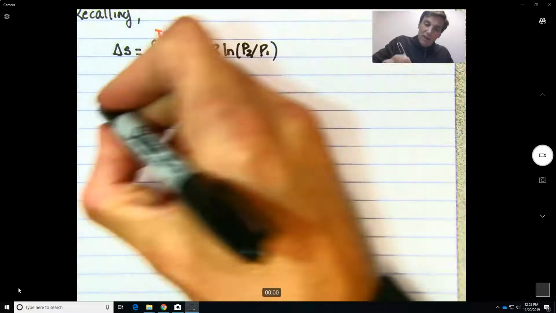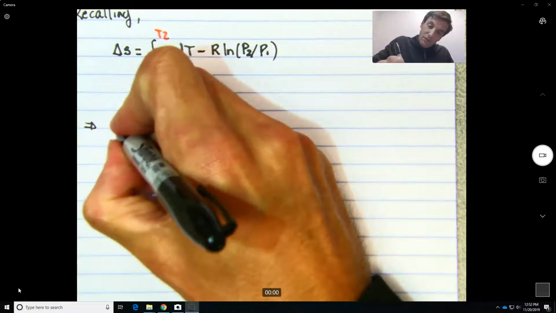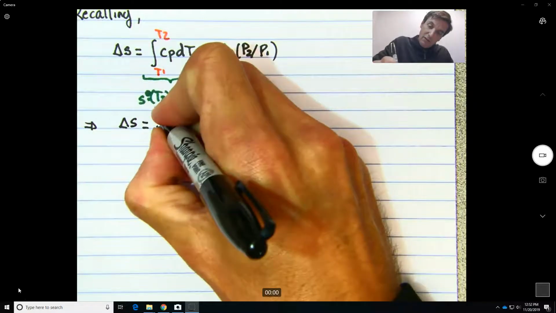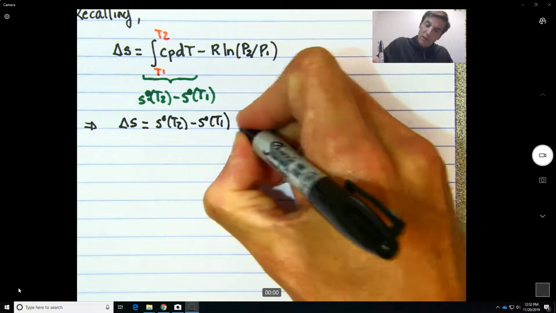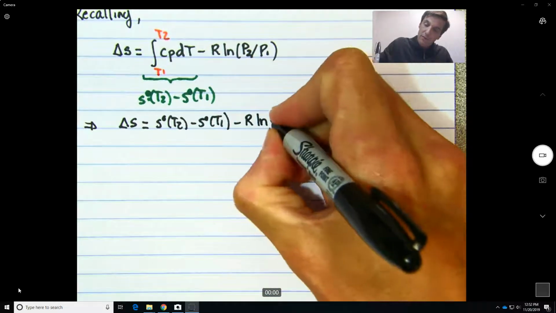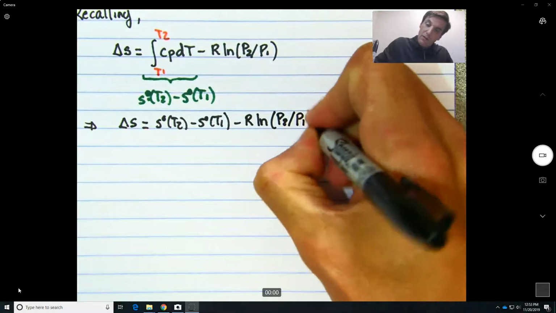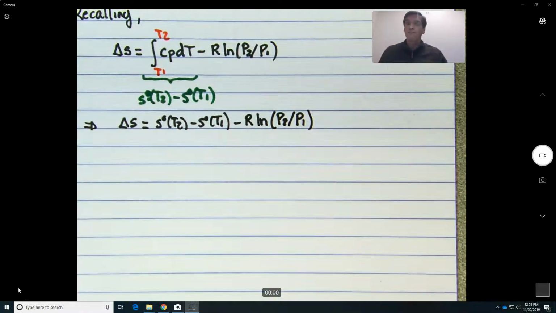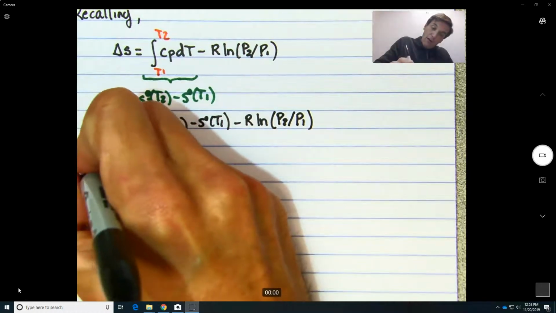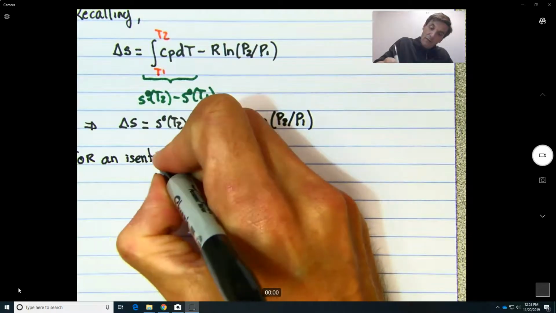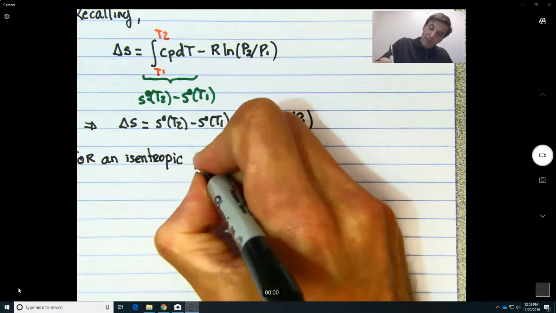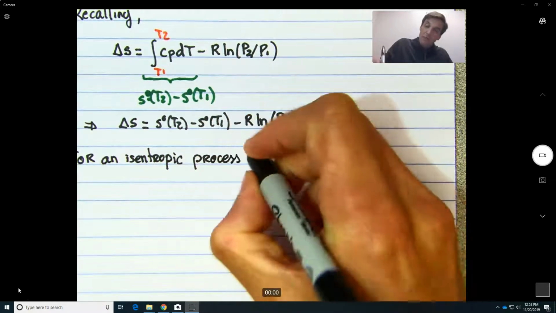Basically, we can say that the change in entropy is equal to S sub O T2 minus S sub O T1 minus R log P2 over P1. So this is what we know. Now for an isentropic process, or cycle, but let's say process, what does that mean?